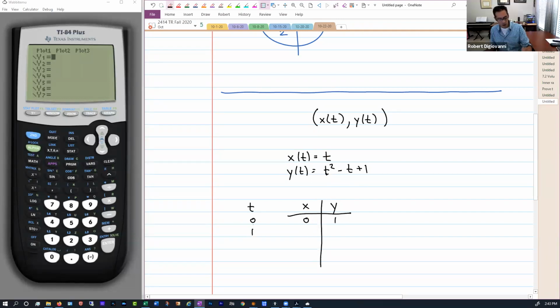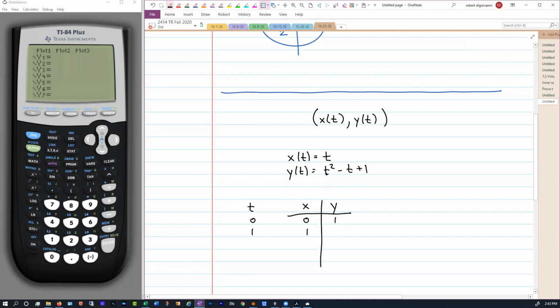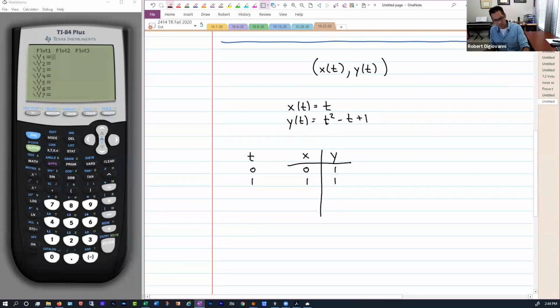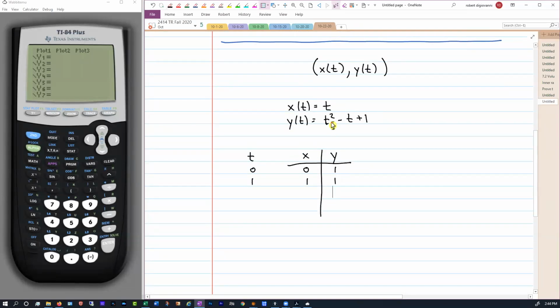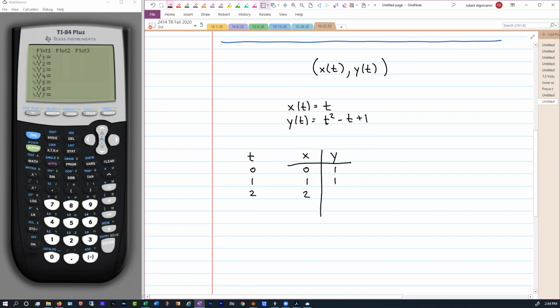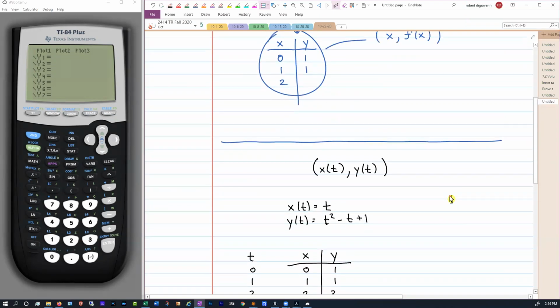What if I let T be 1? Well, then X is 1, and Y is 1, right? Plug 1 in here, we get 1. If we plug in 2, what do we get? 2 and 3. Yeah, 3.